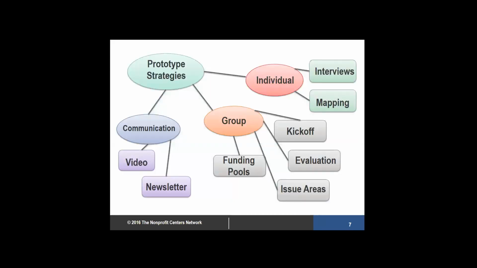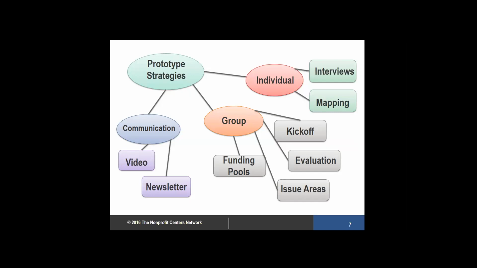So within the collaboration project, we had so many different prototypes, and they fell into a bunch of different buckets, into three main groups, really. We had individual strategies where center managers went to each person in their network, in their space, and had a one-on-one conversation, did interviews, and mapped out where people's skill sets fit.